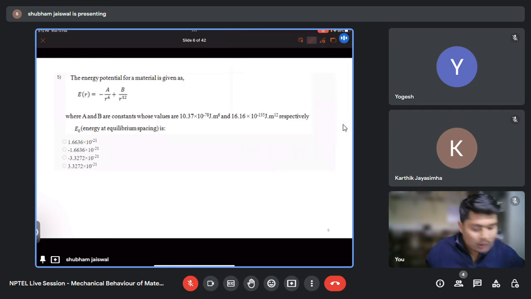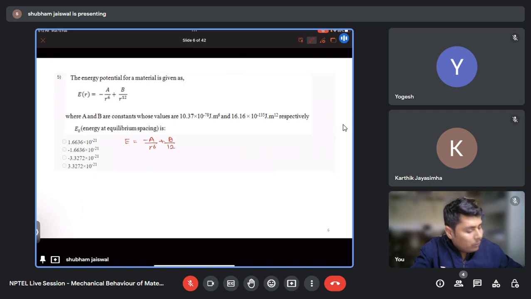So here we have E equal to minus A upon r to the power 6 plus B upon r to the power 12. We know at the equilibrium distance, dE upon dr is equal to 0 at r equal to r naught.